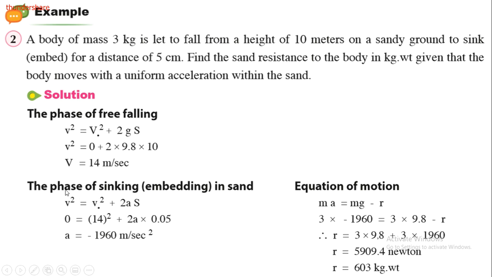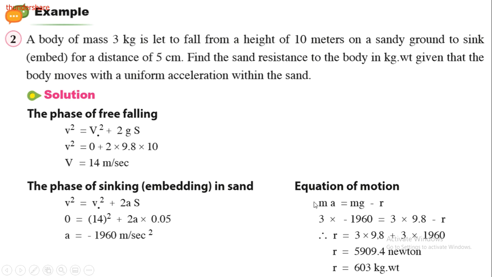So inside the sand, we are not using free fall anymore. We have here acceleration, and the distance is equal to 0.05 because this is 5 centimeters, and this means that it is stopped at the end. So V final equals 0. We found that acceleration equals negative 1960 meter per second squared, and move to Newton's second law.